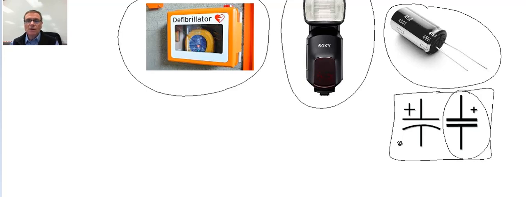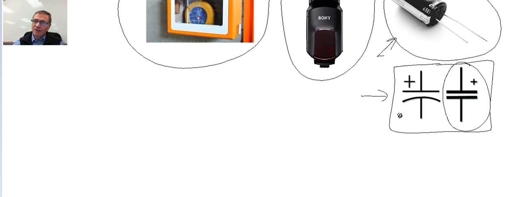And sometimes we'll put a plus sign on one side or the other to indicate that that side of the capacitor should be connected to the positive side of a voltage source or battery. Okay, so this is the symbol over here. Over here, this is what an actual capacitor looks like, and the objects at the top are examples of what capacitors are used for.